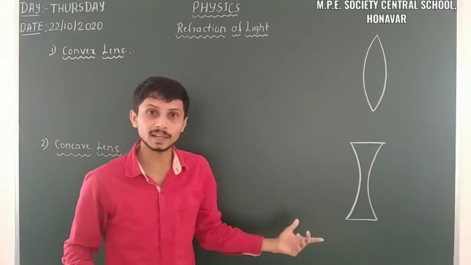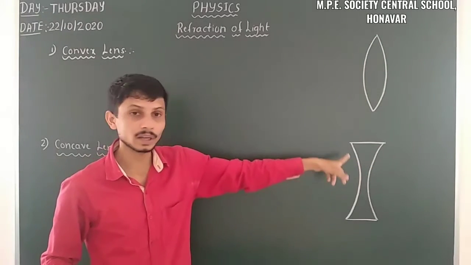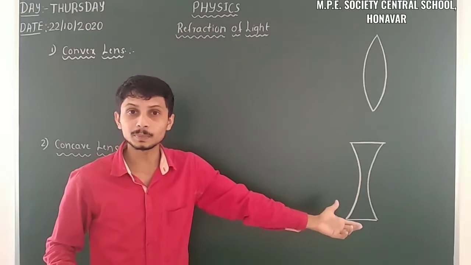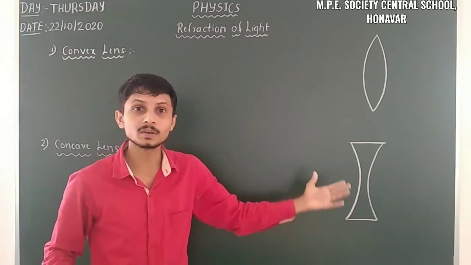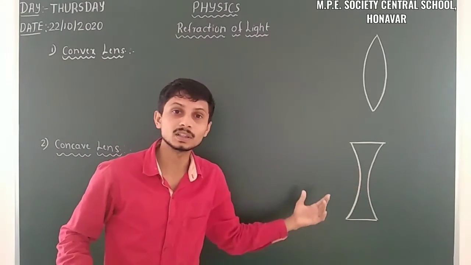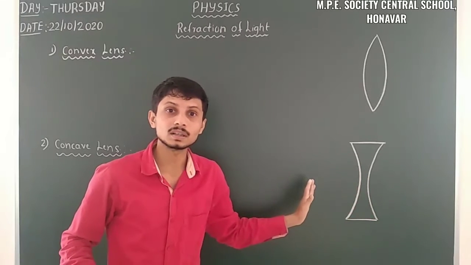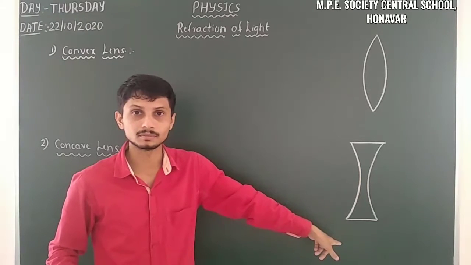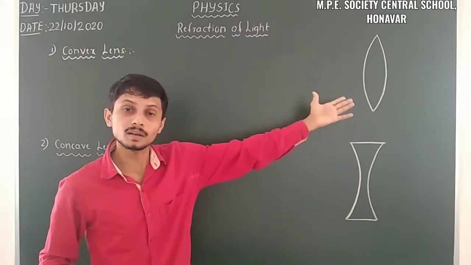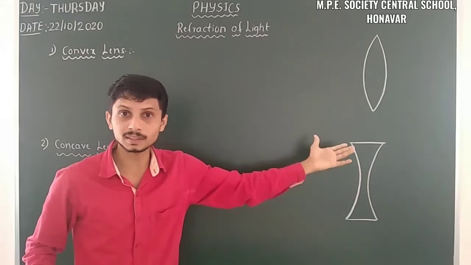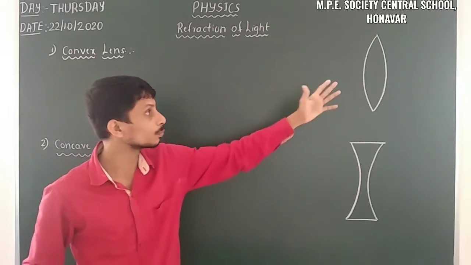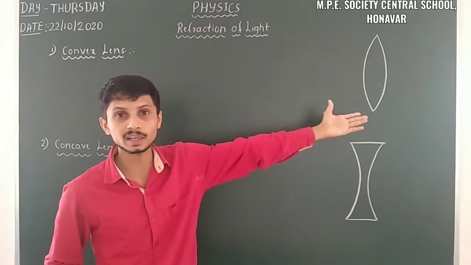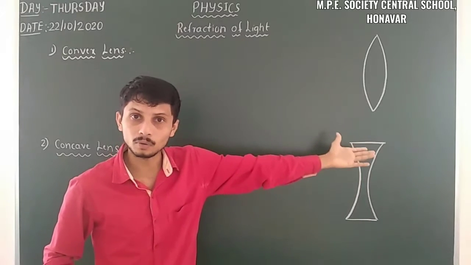When a lens has two spherical surfaces or one spherical surface bulging outward, we can take it as a convex lens.